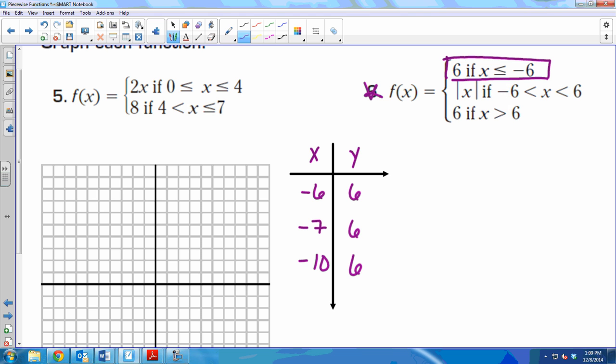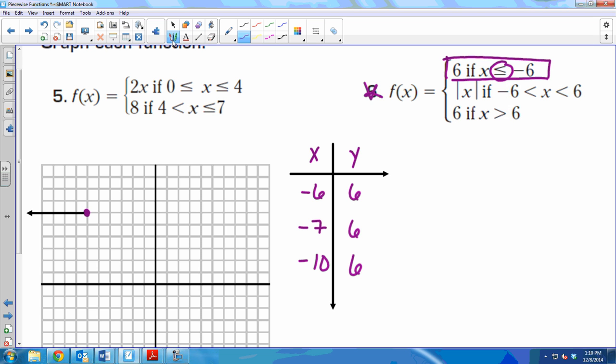We have a less than or equal to, so we have a solid point at negative 6, 6. And then it says less than or equal to, and so that goes on forever. That has an arrow.